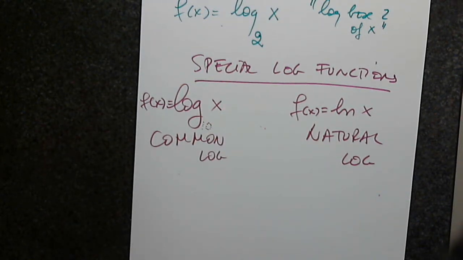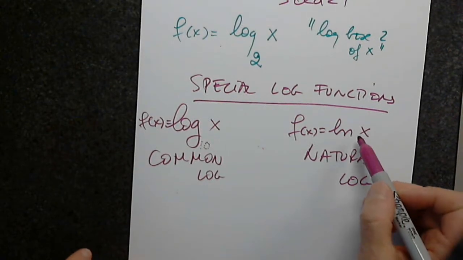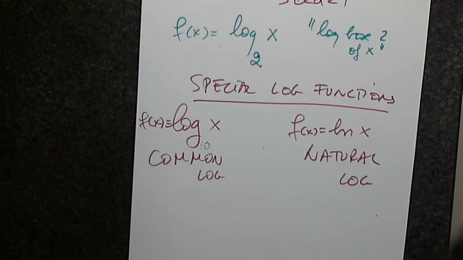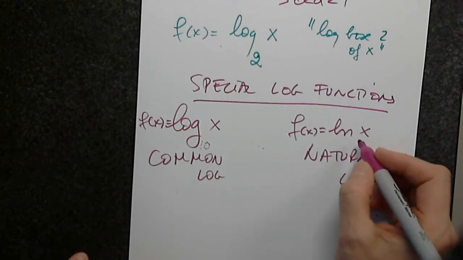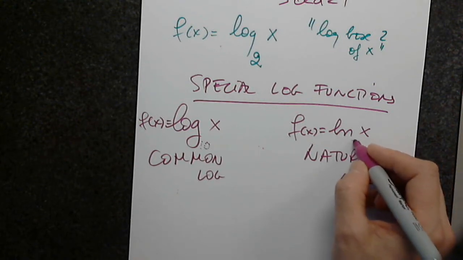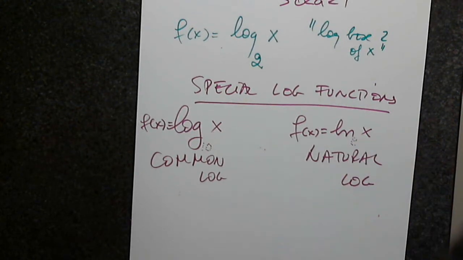Yes, it has to be assumed right away that the base is 10. If we don't see any base, but we see ln, immediately we must assume that the base is, look at the keys on the calculator. e. Very good.